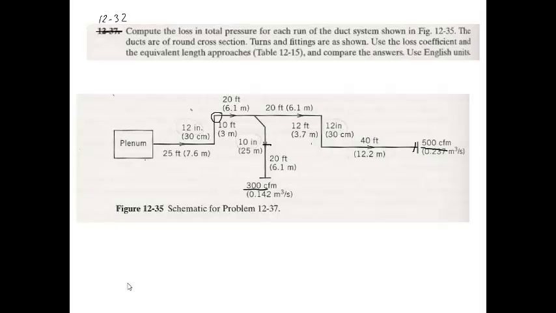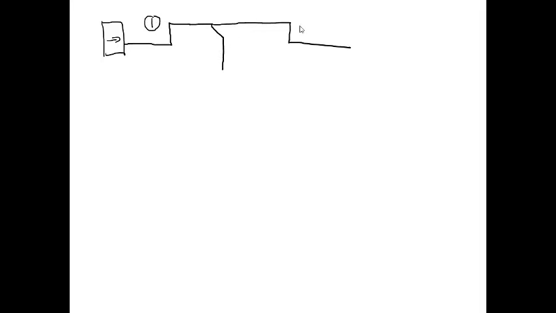So I'm going to go ahead to the next slide, and I'm going to redraw this and section off each of the sections. So here's my plenum with air coming in. I have a split here, and then it continues. I'm going to call this section 1, section 2, and section 3.